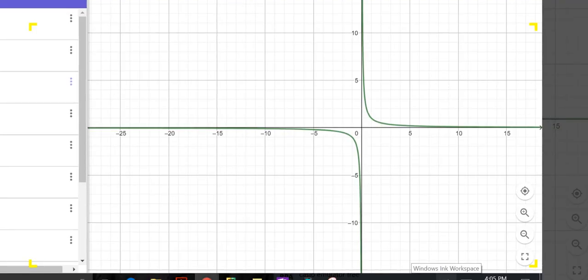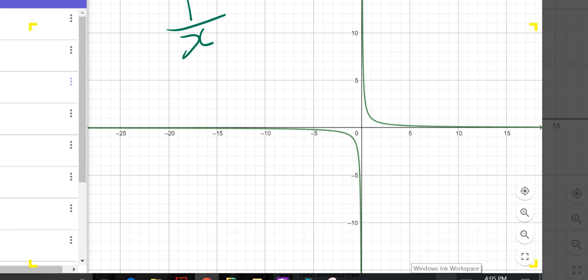So in this case, my graph is 1 over x. This is my green 1 over x. I see it never actually touches. It looks like touching, but it actually never touches 0, never crosses x, never crosses y.